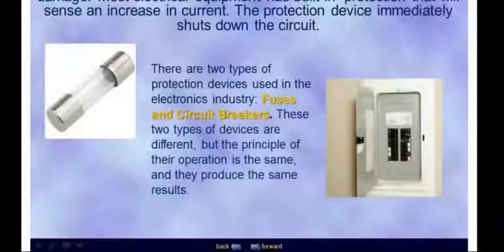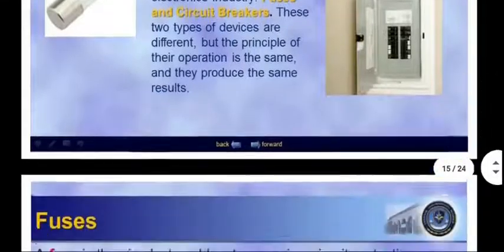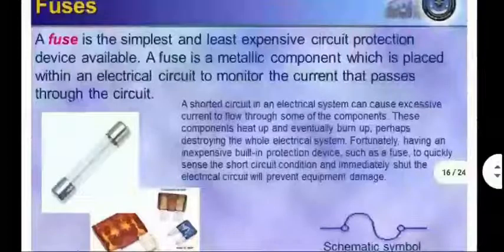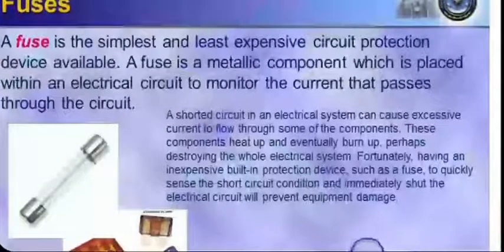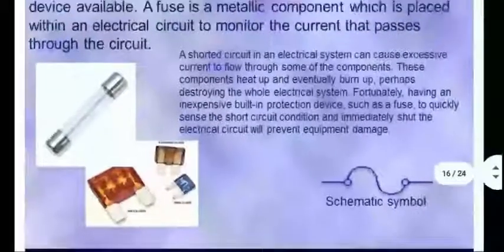It has to be dissipated using oil, etc. Fuse is the least expensive circuit protection device. It's a metallic component which is placed within an electrical circuit to monitor the current that passes through the circuit. And the rest of the operation is clear enough, I'm sure.